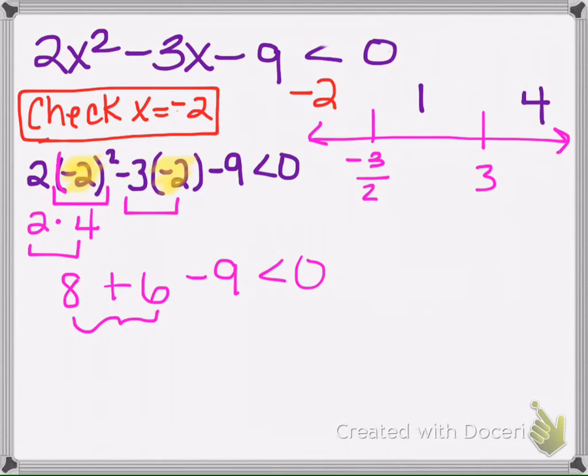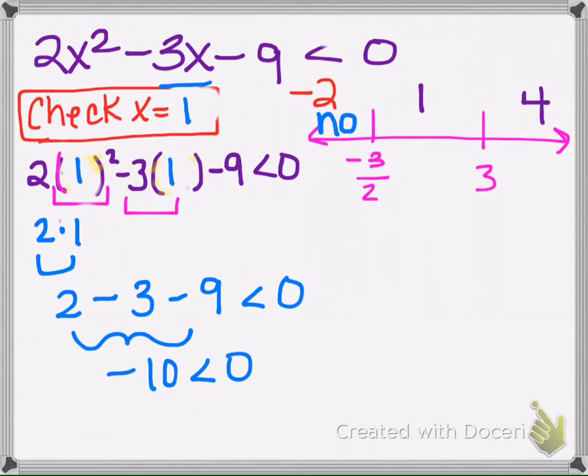Here we'd have 14 minus 9 is 5. Then we read that and see if it's true or false. Is 5 less than 0? No. So we are not going to shade on the left side of negative 3/2. They are not solutions. Now we repeat this process and check 1.